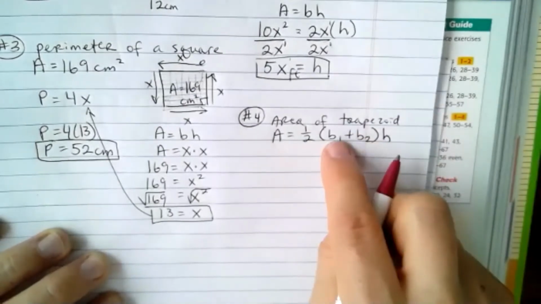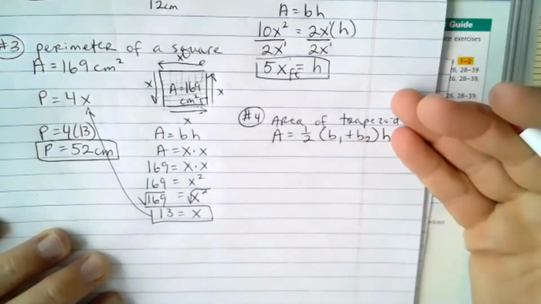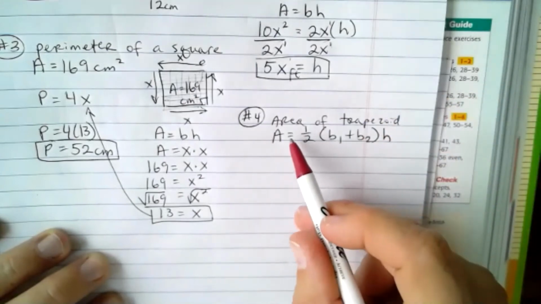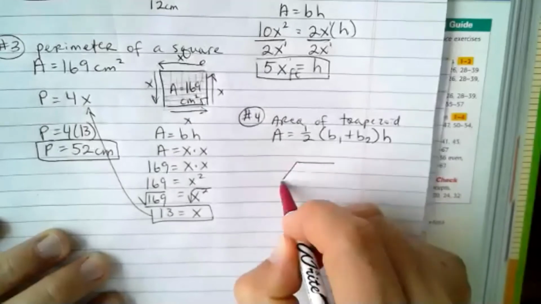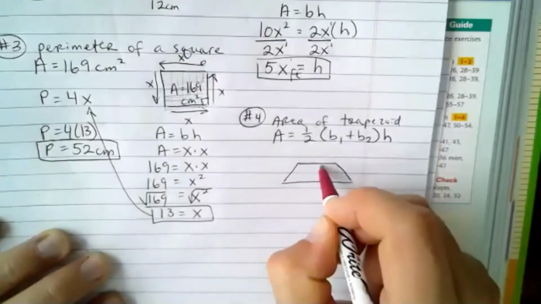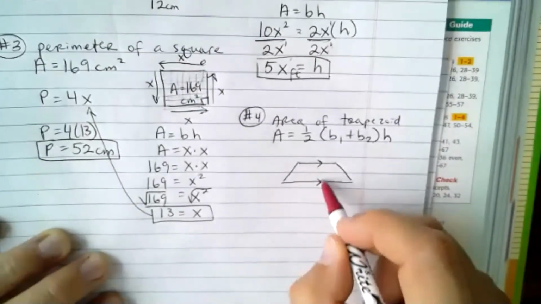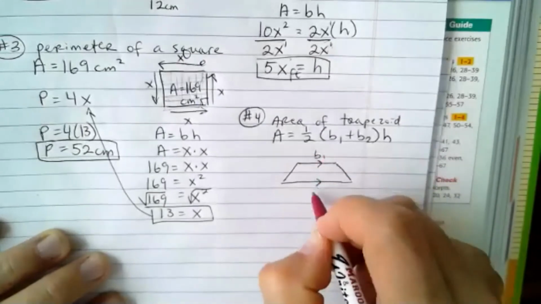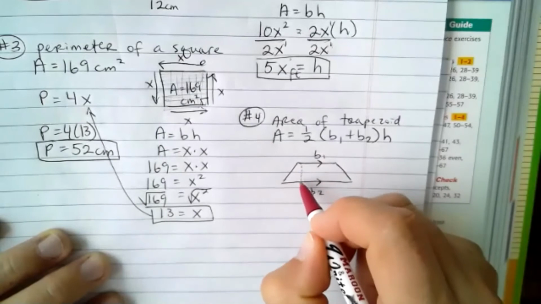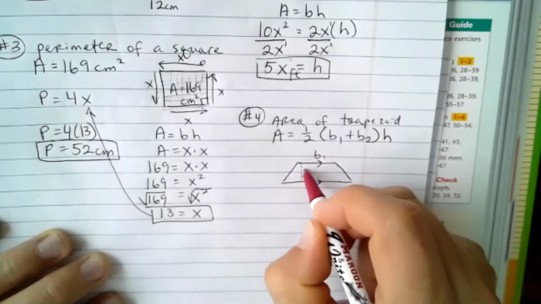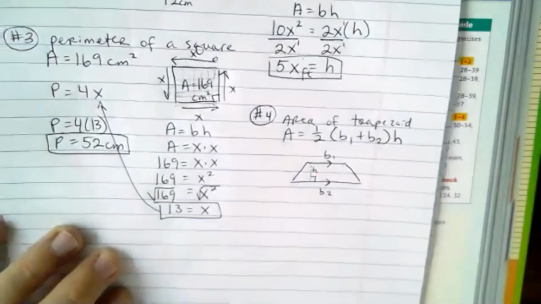So area equals base times height for a parallelogram. But in this case, it's like a triangle because it looks like this. It's got two parallel sides here. That means parallel. So we have one base here and one base there. And we need the height, which is an altitude at a right angle. And that's my height right there, okay?